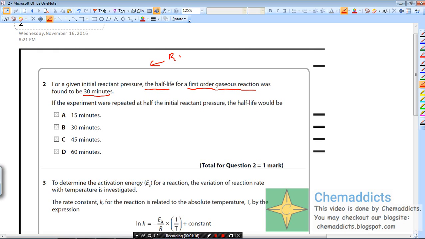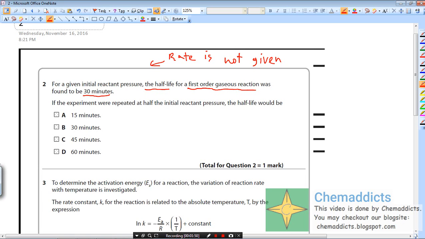Rate is not given. There is no information about rates. They have only mentioned finding the half-life, and this is a first order gaseous reaction.